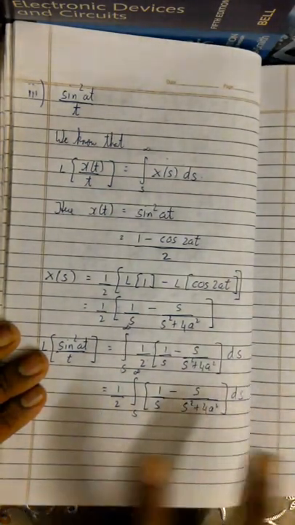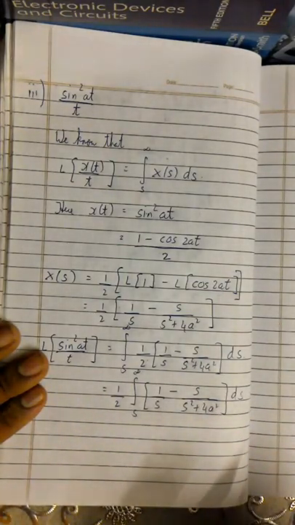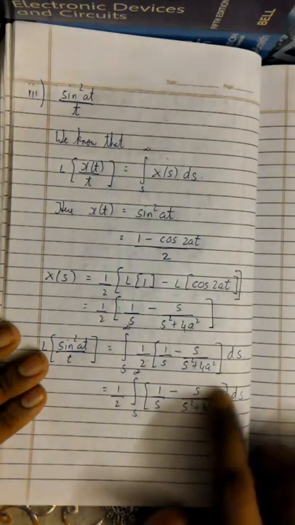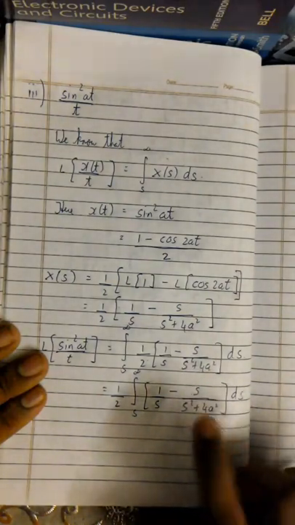Now I'm going to apply the integration inside these two brackets. The integral of 1/s is of course log s, and the integral of s/(s² + 4a²) ds we have already found the formula for in the last problem, so you don't have to work it out again, just simply apply the formula.